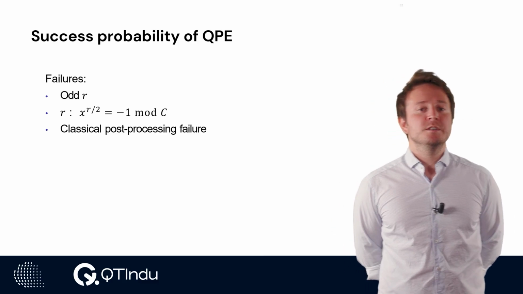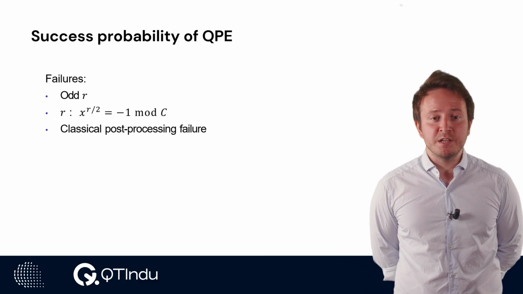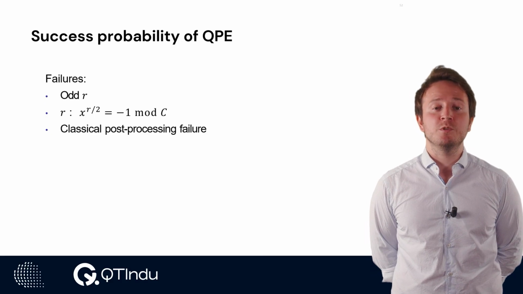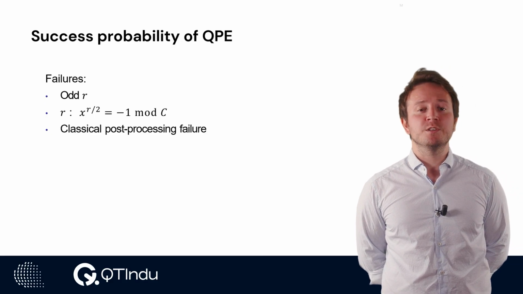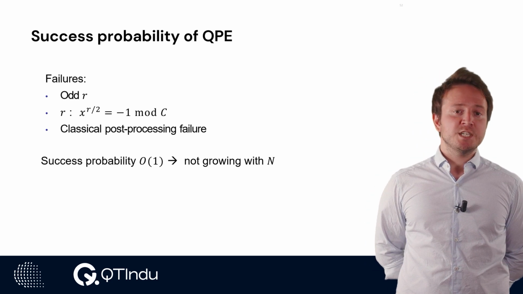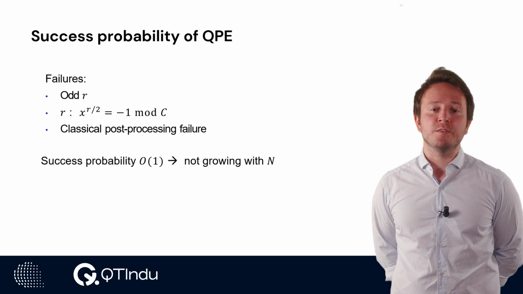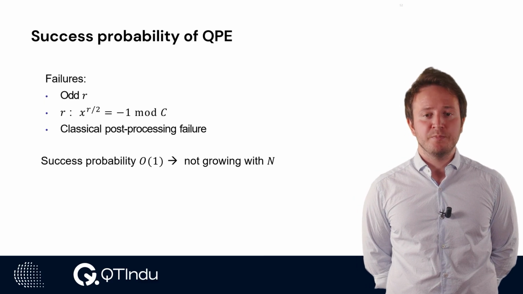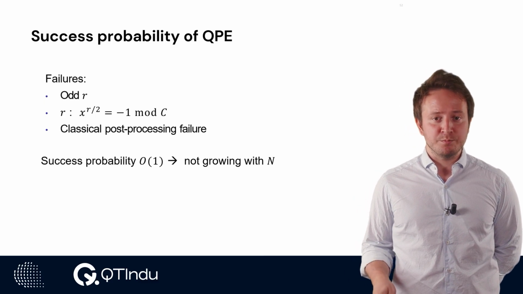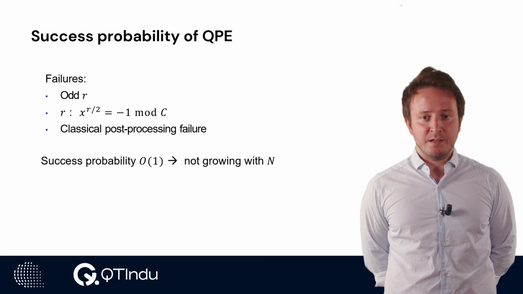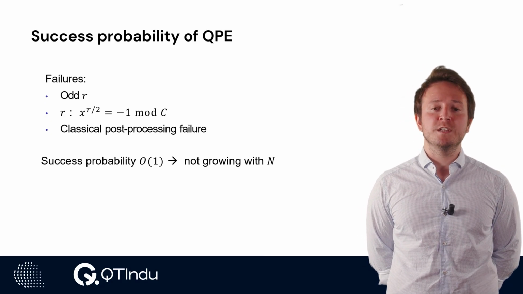And also there is some finite probability that the classical post-processing, for example the continued fraction algorithm, would fail. But all in all, the success probability is order 1. What this means is that it doesn't depend on the number n of bits, and, most importantly, it's not growing as the number to factorize increases.